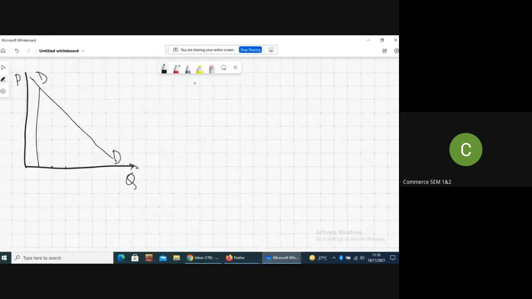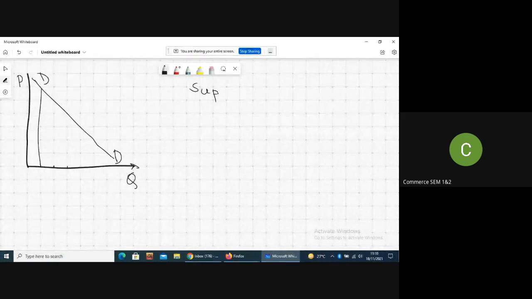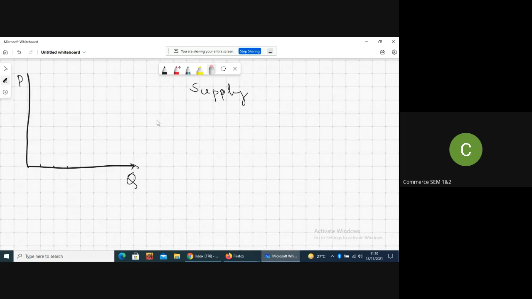Now, today we'll talk about supply. It will be the same thing. Just like the demand curve, the supply curve will be a curve like this, but it will be an upward sloping curve.